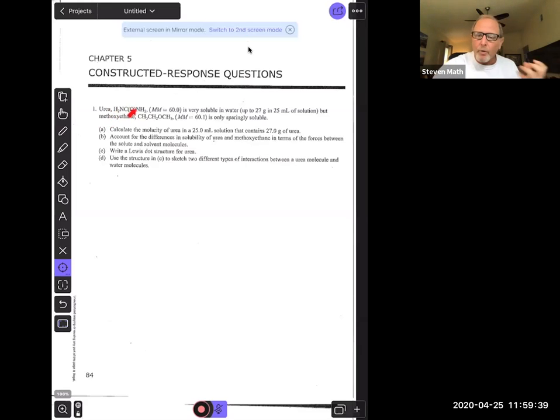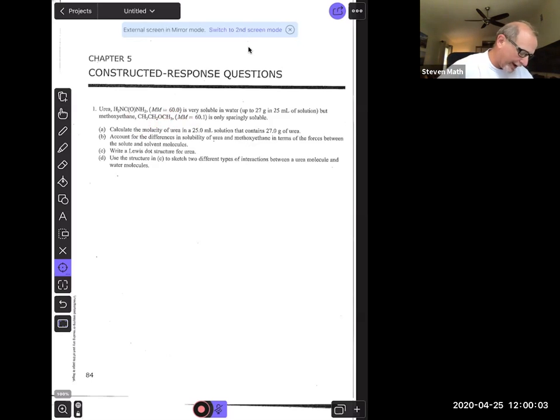Urea is a nice organic-y base because of those NH2s on the outside. They've given us molar masses, so we're going to do some calculations there. And we're comparing that to something called methoxyethane. That's an ether that we're not really going to talk about too much in here, but we're going to find out there's a polarity difference between the two.